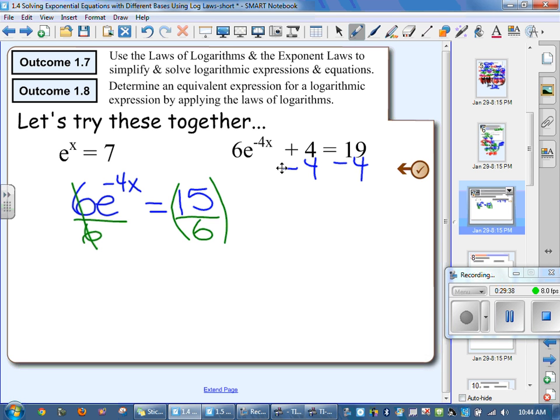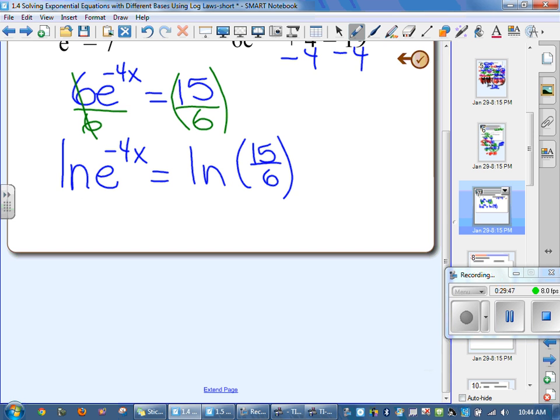At this step, now I can cancel my ln e. Because of my base e, I can cancel it. I get negative 4x equals ln(15/6). My last step is to get rid of what's in front of x. How do I do that? Divide it out. So I divide out both sides by -4.